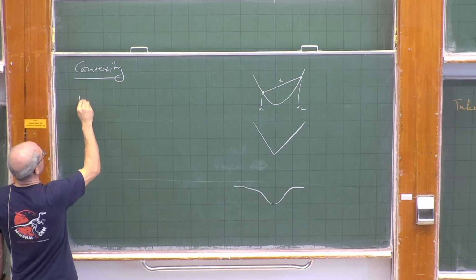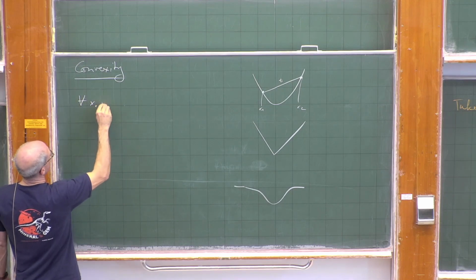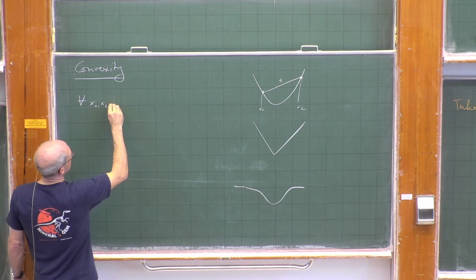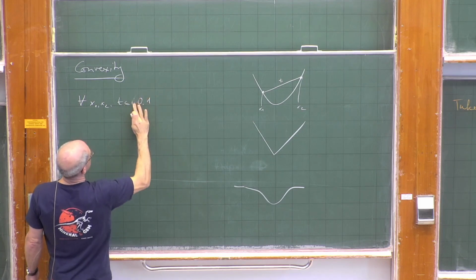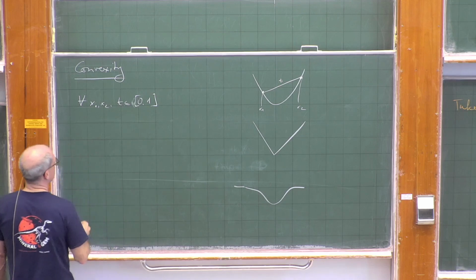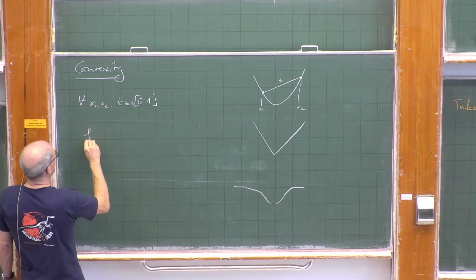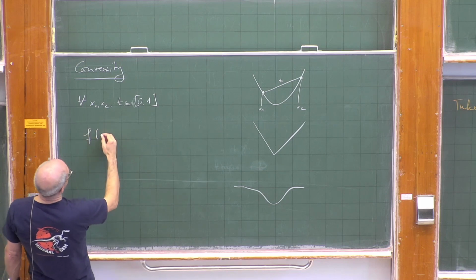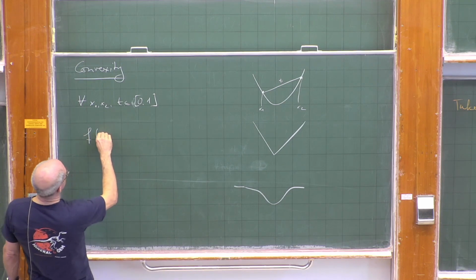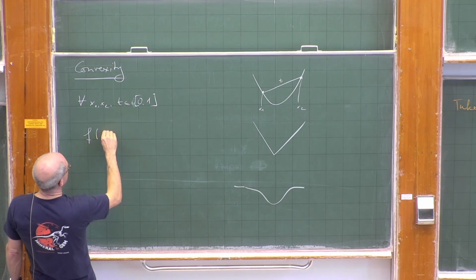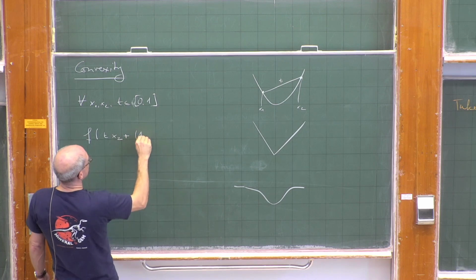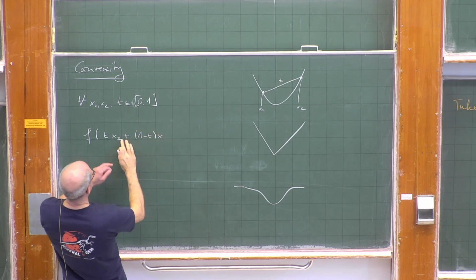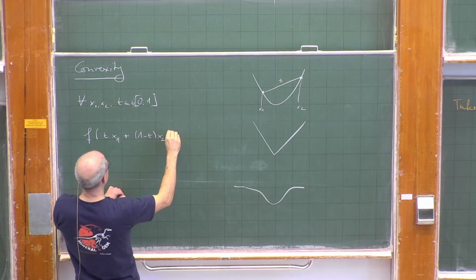So for any points x1 and x2, and for t in the interval from 0 to 1, is the following true? If I evaluate my function at the intermediate coordinate, for example, t times x2 plus 1... Okay, now I got it the wrong way around. Let's say x1 here and x2 there.